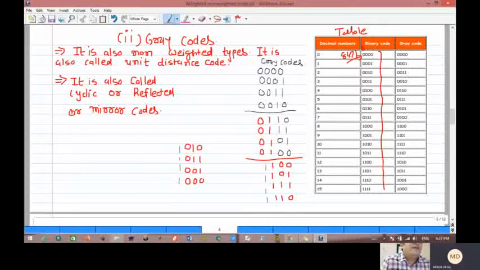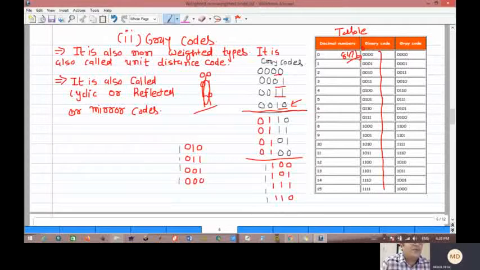First we write the 2-digit values in the binary number system: 00, 01, and 11, 10. So first 00, 01, then 11 and 10 we write. Now suppose a mirror is kept here, and when we observe the mirror, the last value is seen first. So first we write 10, then 11, then 01, then 00.